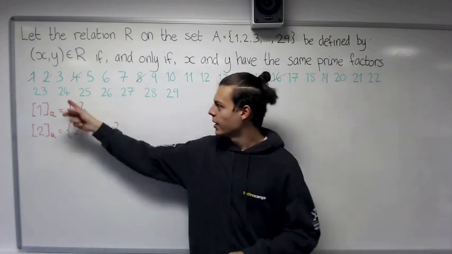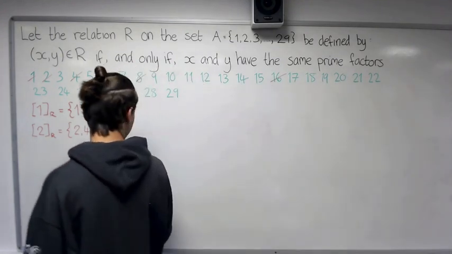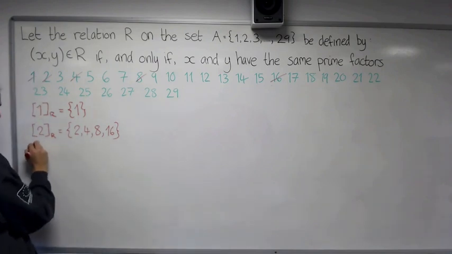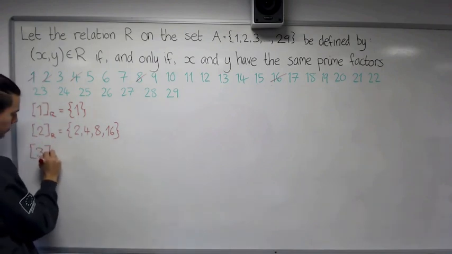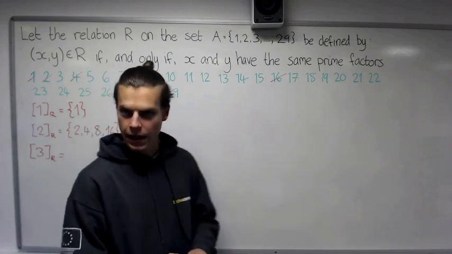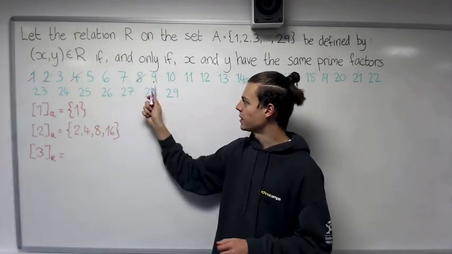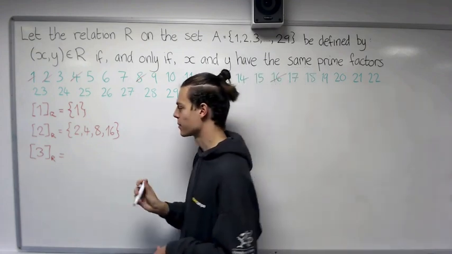Now 3, again, has just prime factor 3. And this is also true for the powers of 3. So 3, 9, and 27.